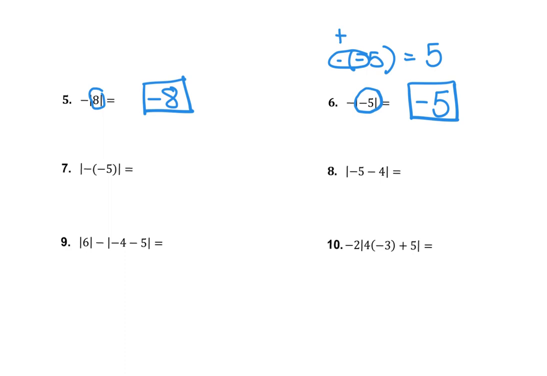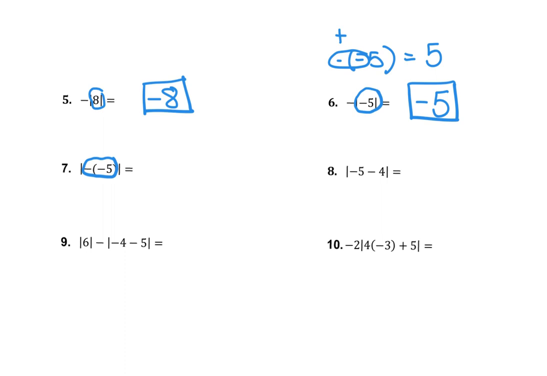Now for question number 7, we have to do any simplifying inside of the absolute value symbols first before we can take the absolute value of it. So I need to simplify inside of here first. It's almost like there's parentheses going on inside of this absolute value symbol, and we need to start there.